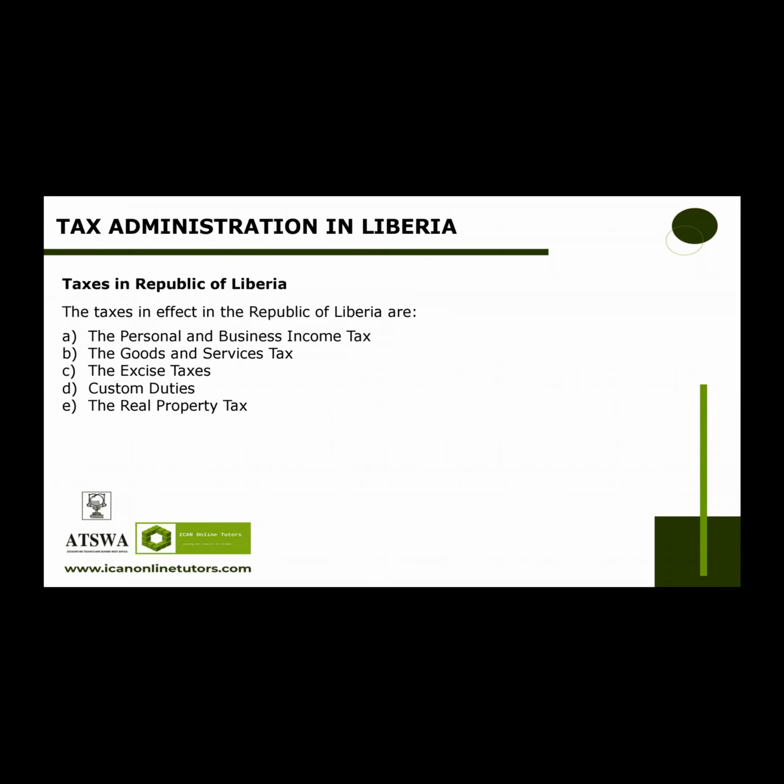So the owner of the property at the beginning of the year is considered to pay tax at 0.33%. Are we together? Okay, so that's for the Liberia Revenue Authority.